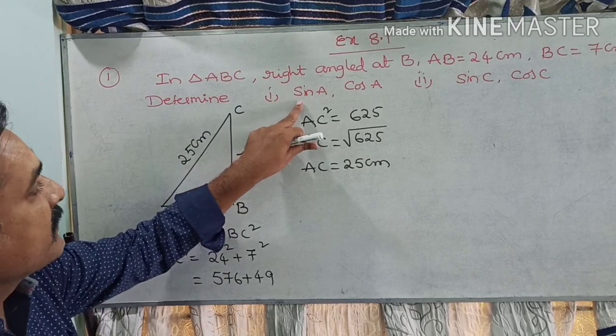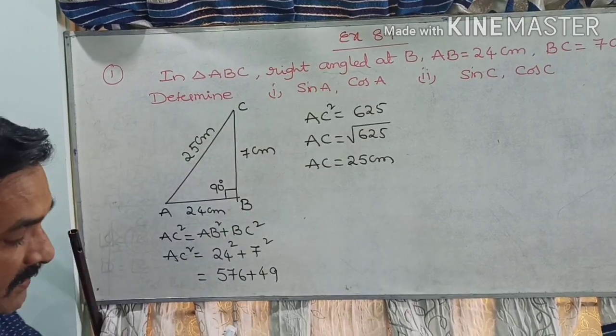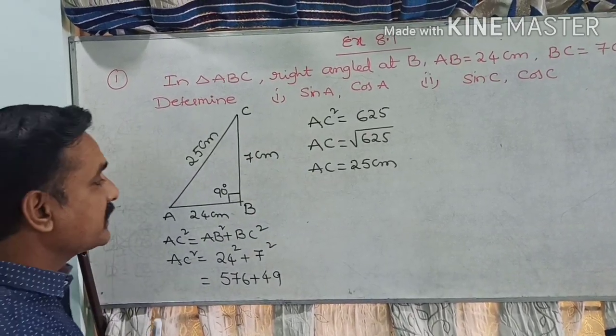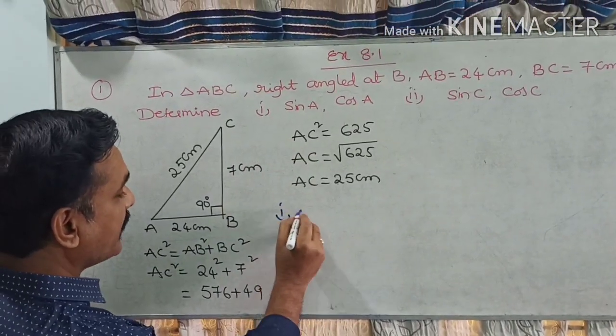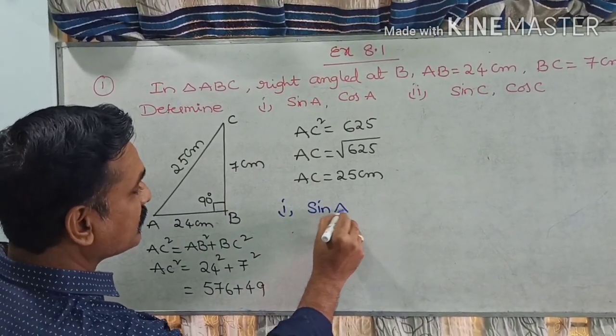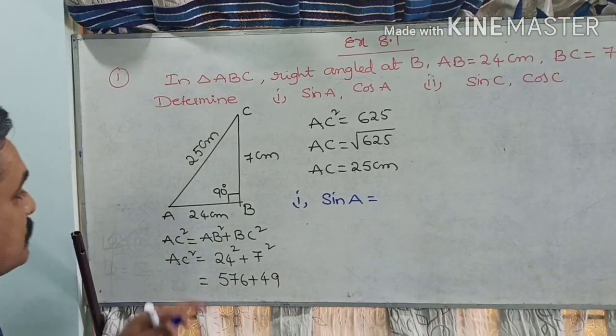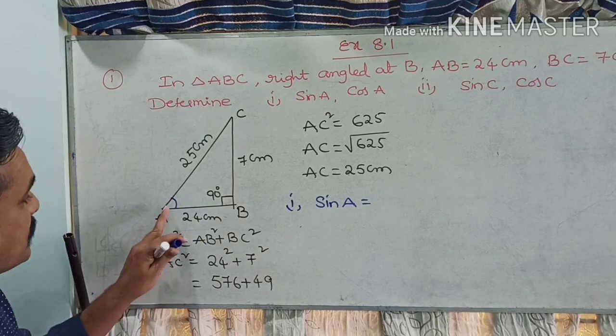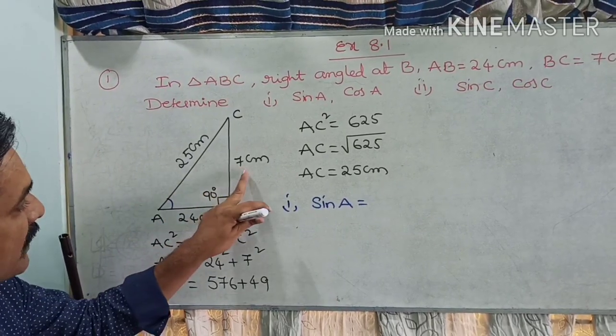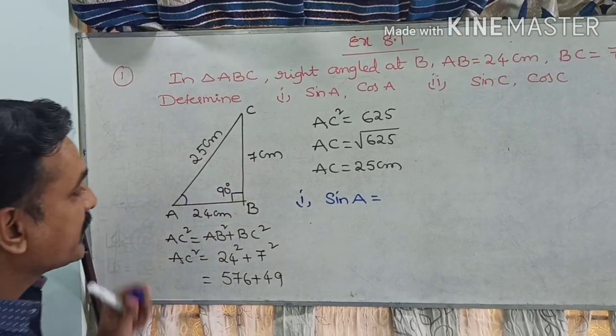Now they ask you to find the values of sin A and cos A. We know sin A equals opposite side by hypotenuse.